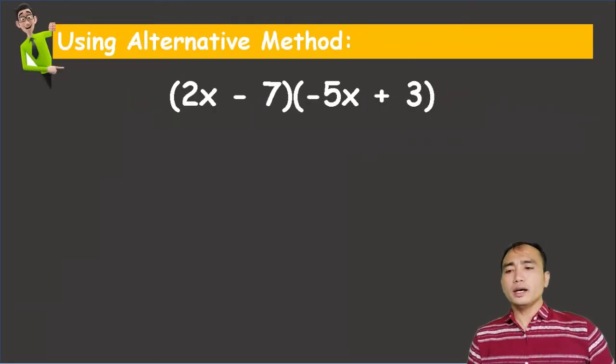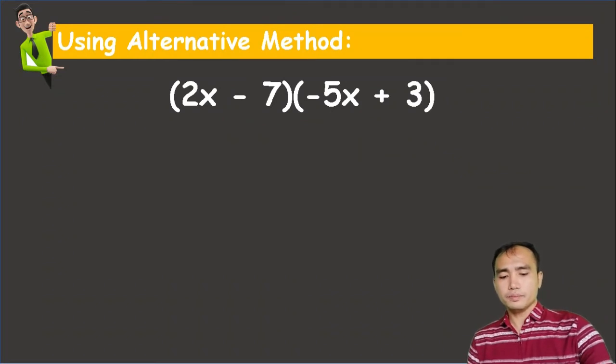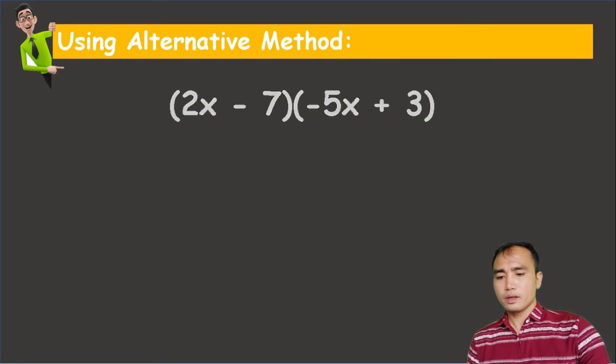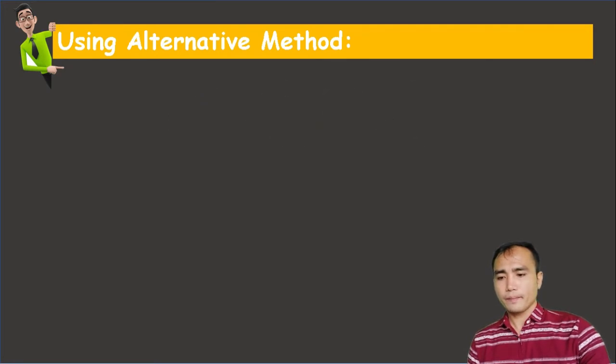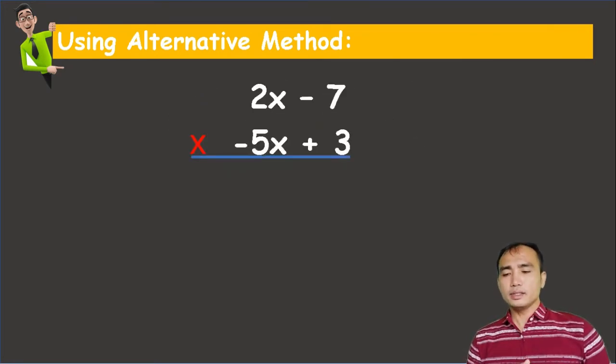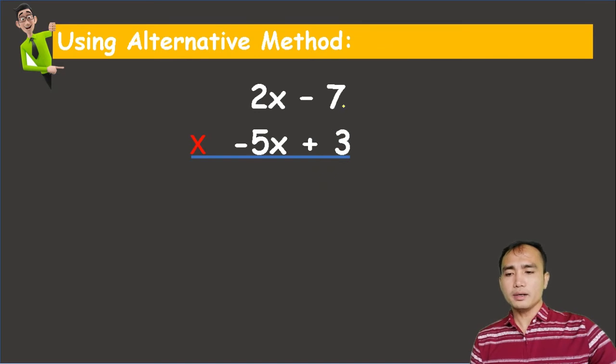We can also use the alternative method. So how does it work? So first, arrange our expression vertically. 2x minus 7 times negative 5x plus 3. Next, multiply the digit 3 to each digit of our multiplicand.